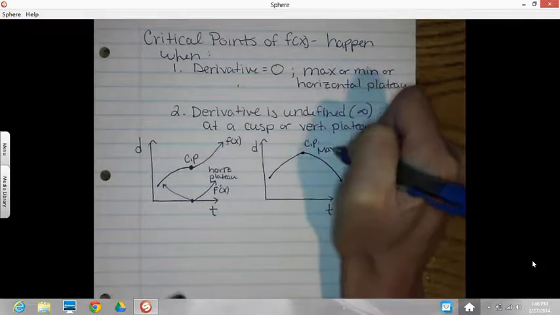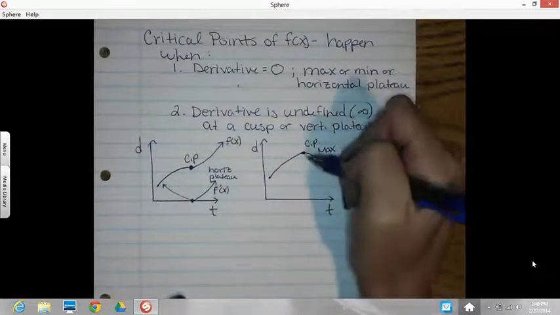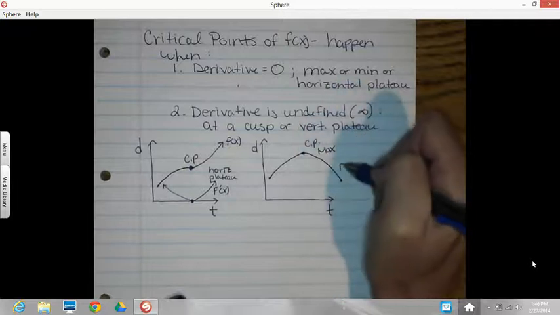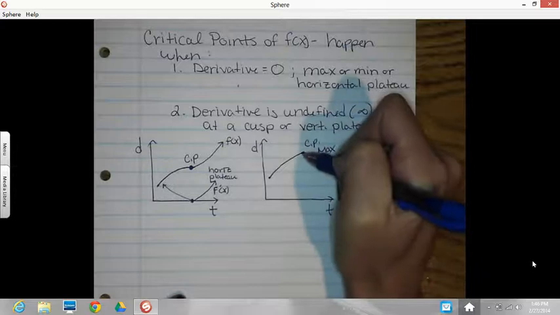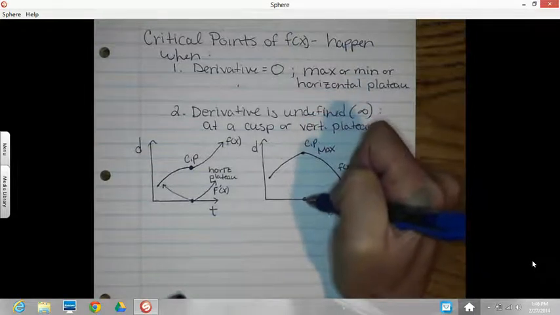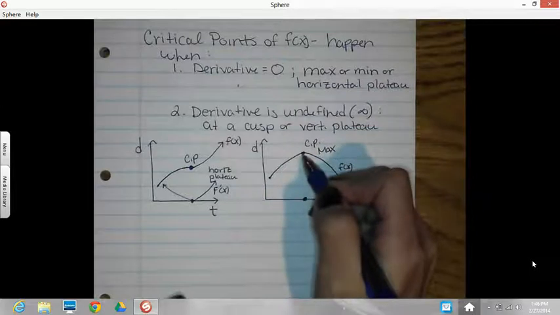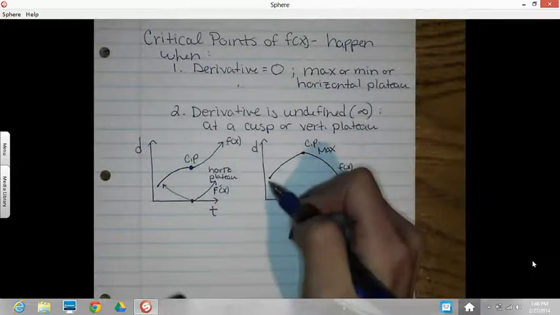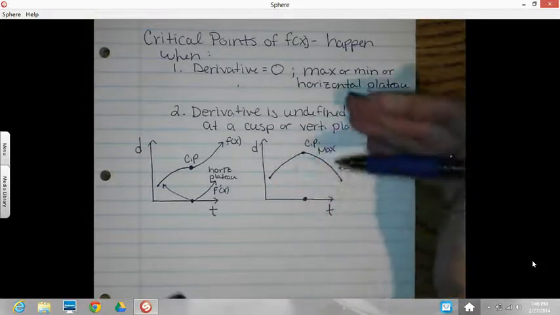Here's our max. I know at the critical point, this is f of x. I'm going to do a rough sketch for f prime of x, the derivative. This is going to be 0. Here my graph is increasing, so I know my derivative is positive. And if I think about a quadratic equation, that's to the second power. When I take the derivative, I'm going down to the first power, and anything to the first power is linear.